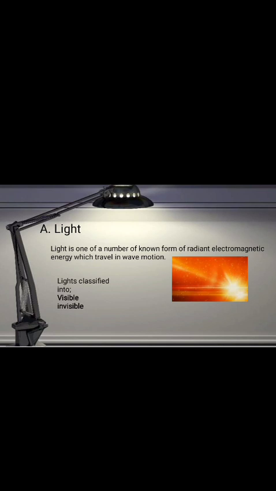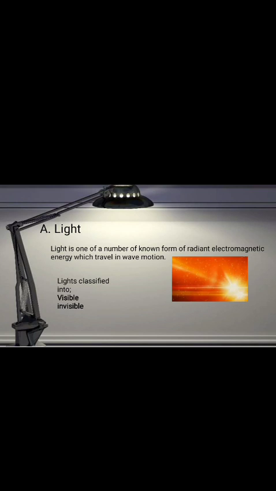Light is defined as the electromagnetic radiation with wavelengths between 380 and 750 nanometers, which is visible to the human eye. Light is an electromagnetic energy with a speed of 186 miles per second.